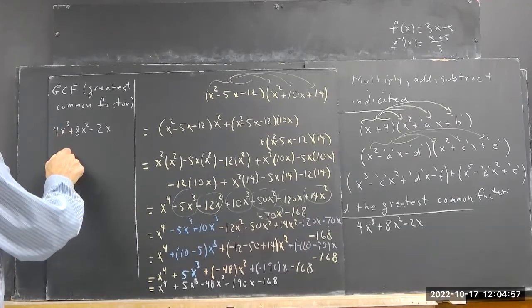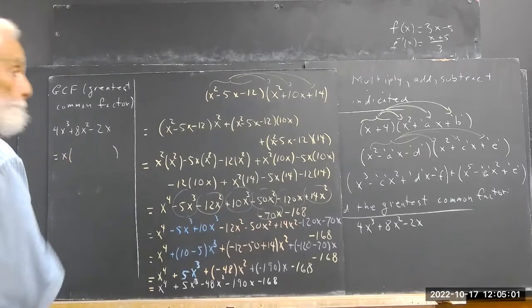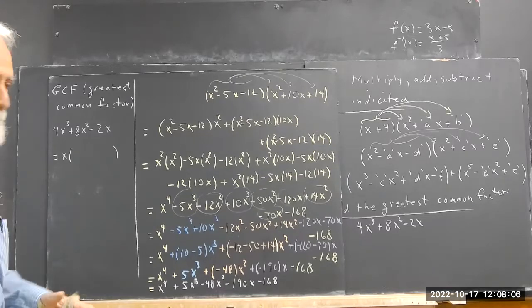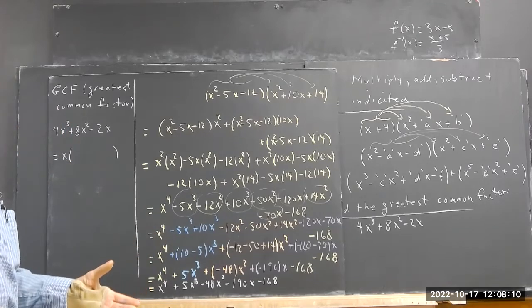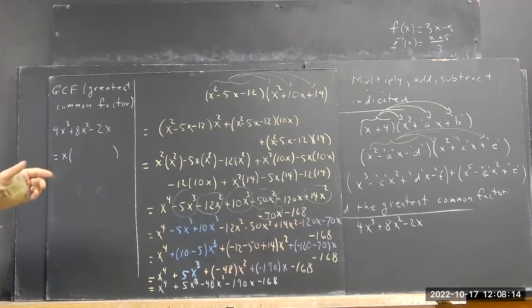Okay, I could write this as x times what? Usually. Okay, it took us a little while to really convince ourselves that what we think we ought to do is really what we ought to do. Okay, so let me write this out.